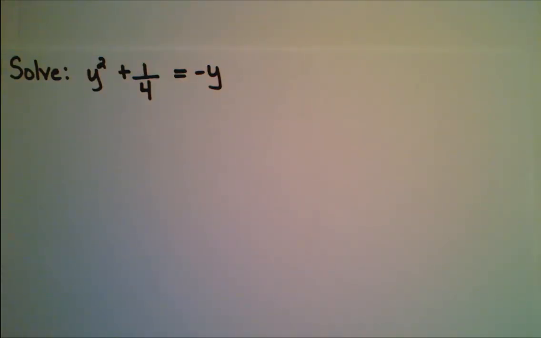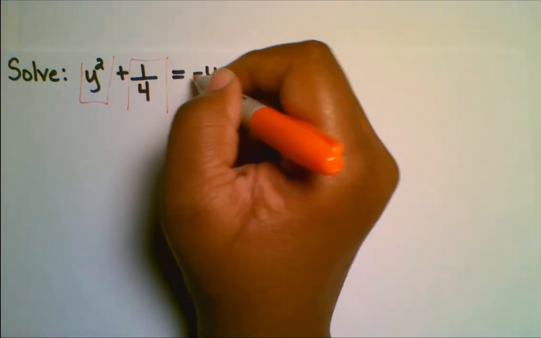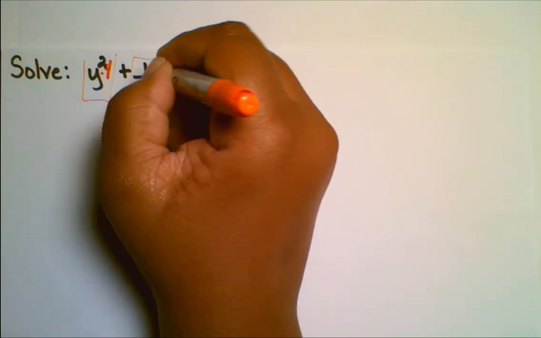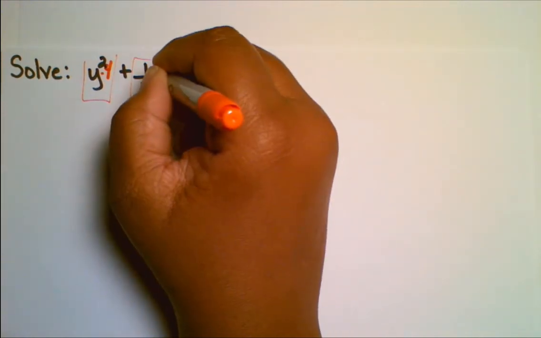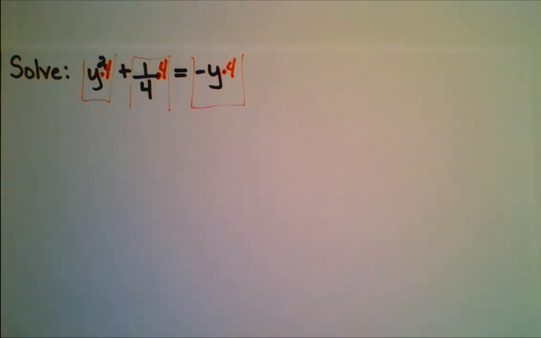So what we're going to do, number one, let's get rid of the fraction first, and then we'll move over the terms that are needed. So we're going to take the denominator of 4 and multiply it to each term on both sides of the equation.